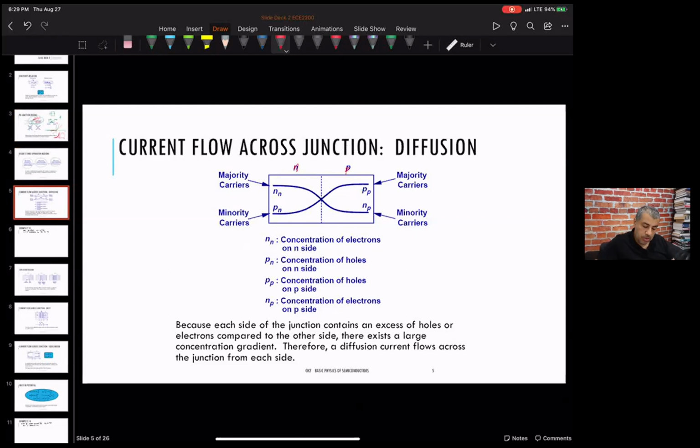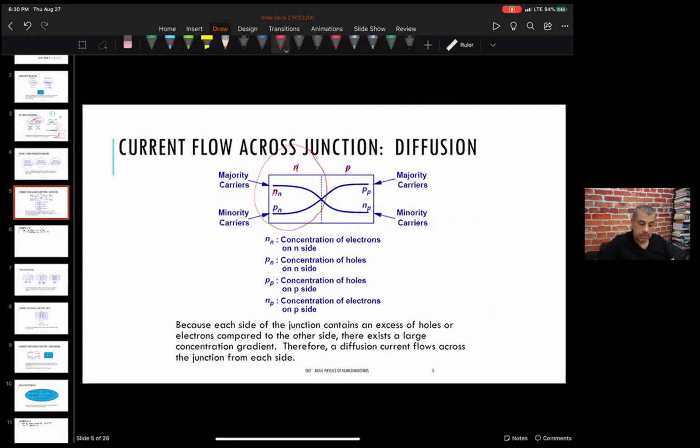Okay, so if we just look at this N side, remember we talked about majority carriers and minority carriers. On this N side, the majority carriers are electrons. So they call that N sub N, the electrons in the N side of this PN junction.